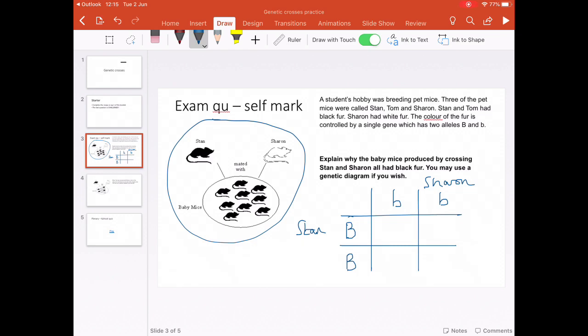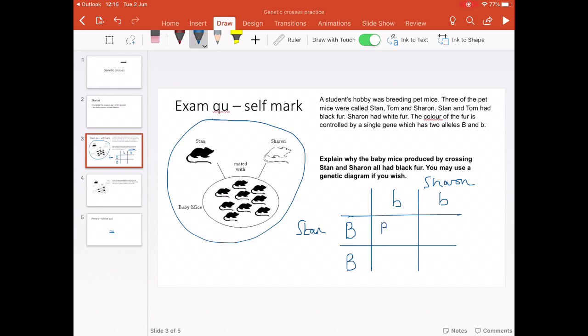So I've worked out the genotypes of Stan and Sharon using the information in the diagram, so I can see what colour their fur is and what colour the baby's fur is. And because I know my keywords, I know what homozygous and heterozygous mean. So that's how I know what the parents must be.